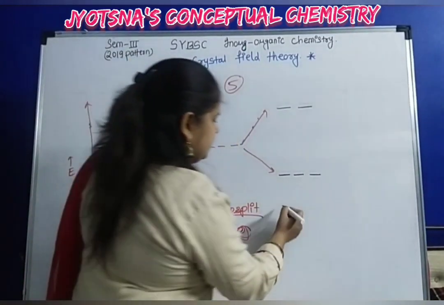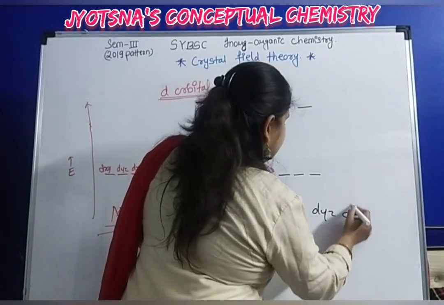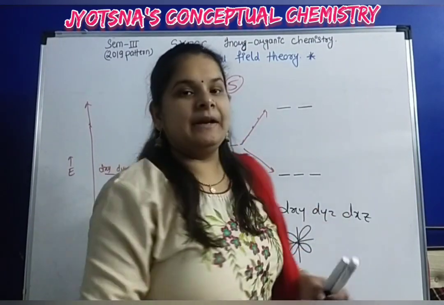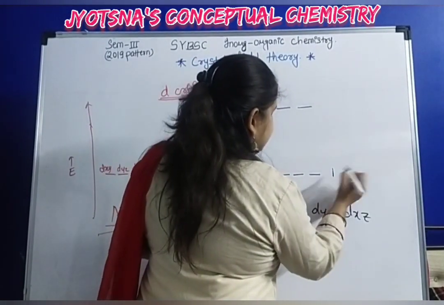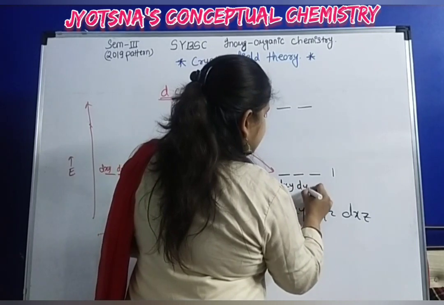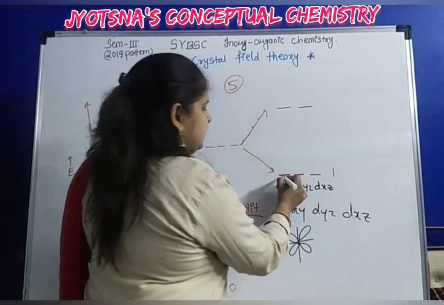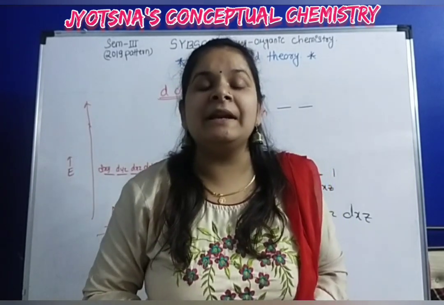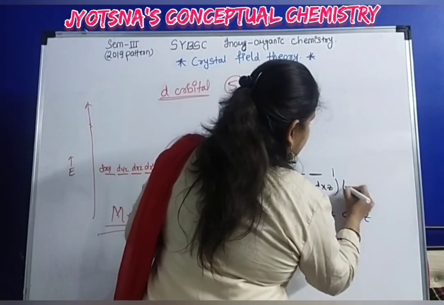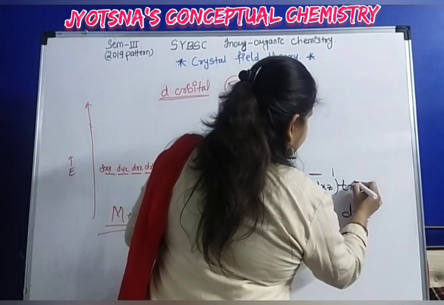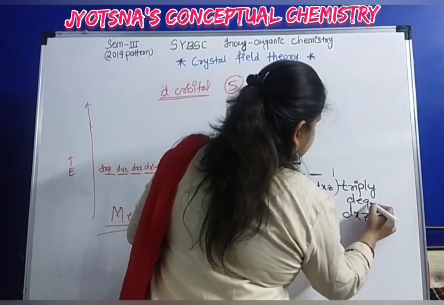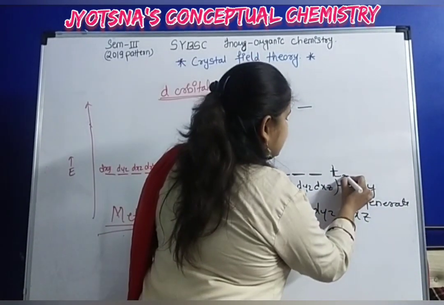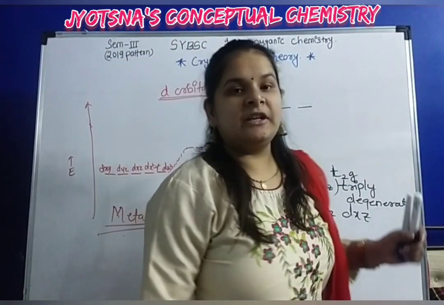These 3 orbitals, dxy, dyz and dxz, have lobes in between the axes, so they will come down in energy. These 3 orbitals have the same energy, so we call it triply degenerate. We give it the notation T2g.